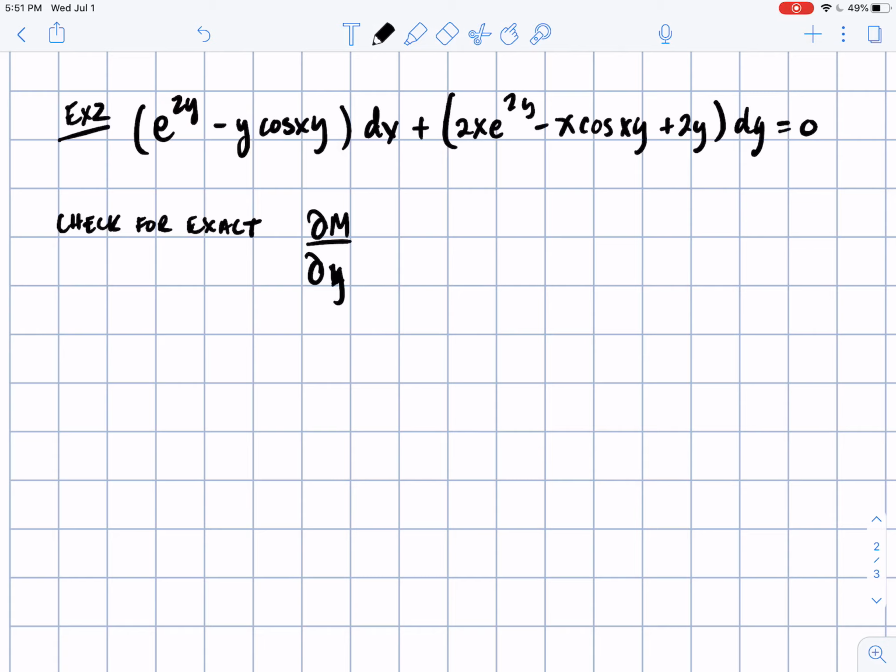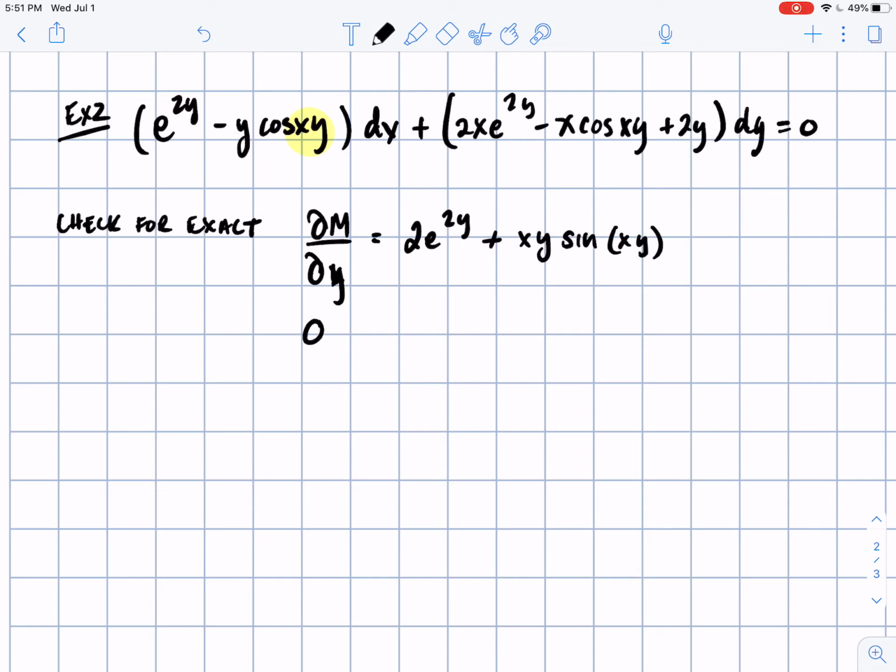So here you're going to have 2e to the 2y, and the derivative of cosine is negative, so it's plus. And then chain rule, so you have to think, what is the derivative of the inside, xy, with respect to y? It would just be x. So it's plus xy sine xy.